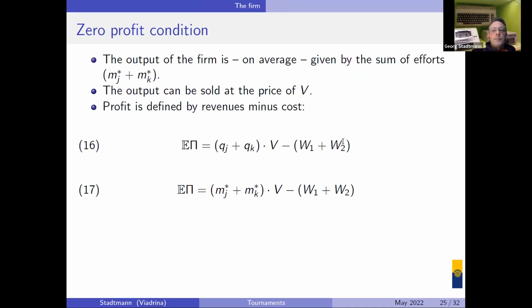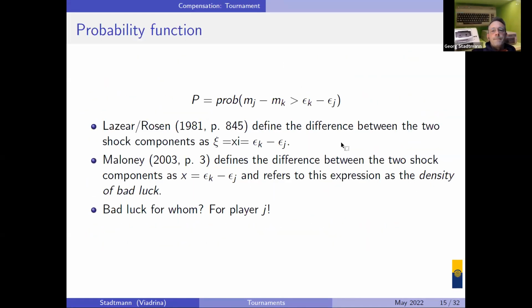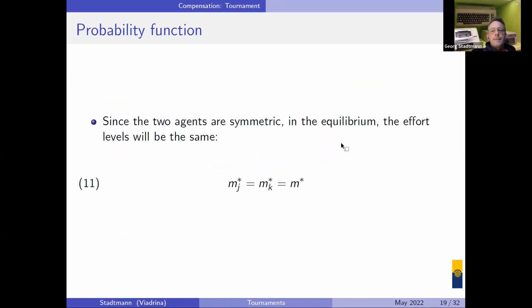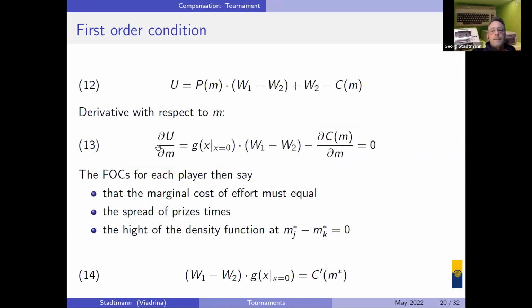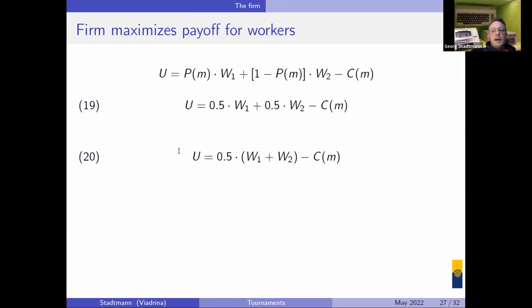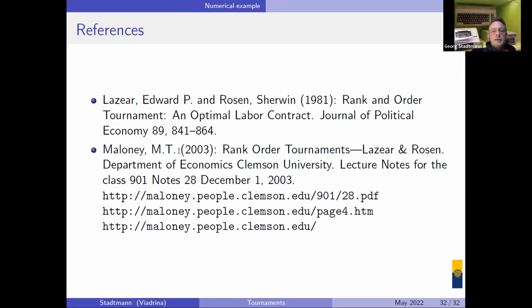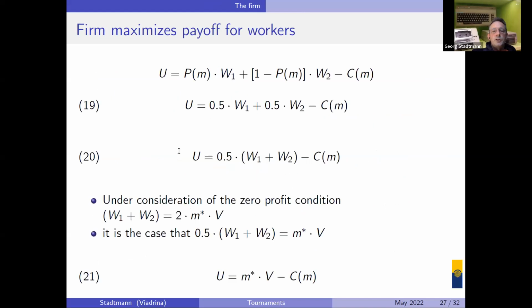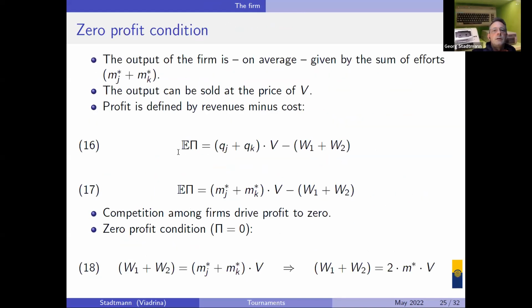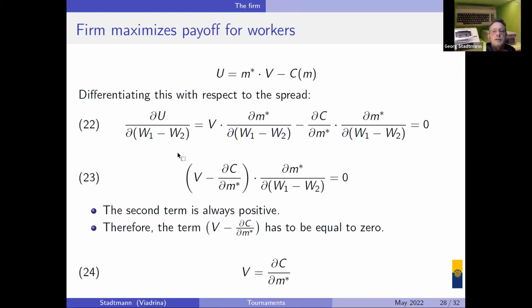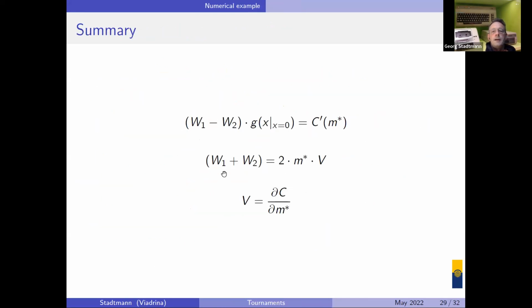This stems from this equation here, differentiating the utility function with respect to M. Then the next important equation, W1 plus W2 is equal to 2mv.